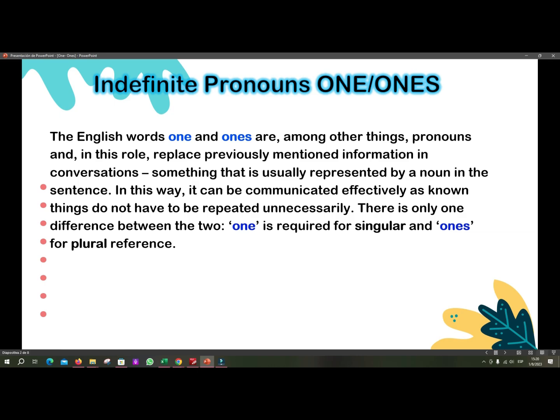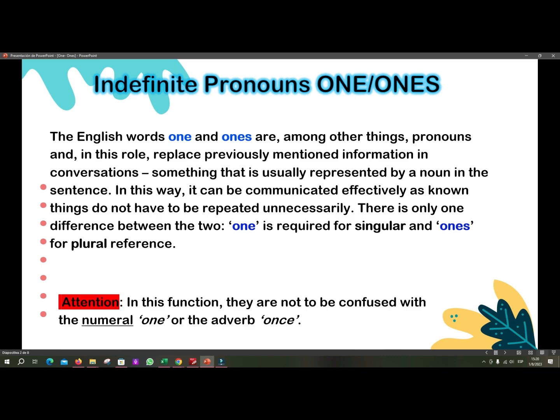And also you have ones that is for plural nouns, okay? So attention, in this function, they are not to be confused with the number one or the adverb once. So those are indefinite pronouns, not the number one, or the adverb once. So be careful with that one, okay?